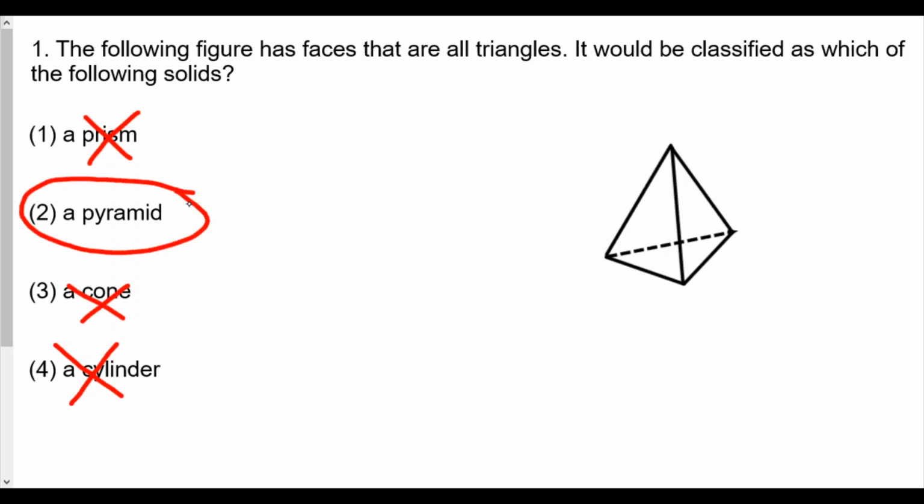A pyramid can have a base as any polygon, all right? Just not a circle. Here, all the lateral sides meet at one point instead of meeting at a parallel side. So, okay, that's question number 1.